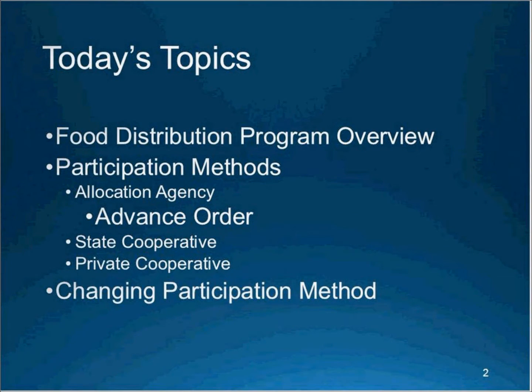Each method of participation has different costs associated with it, such as membership fees, distribution fees, administrative fees, and who the fees are paid to. There are benefits for each participation method, so it is important for food service directors to weigh their options to determine which method best meets their agency's needs. To close, we will provide you instructions on how to change your participation method if you wish.